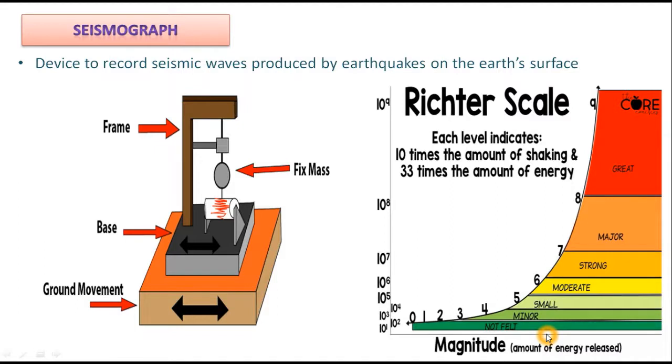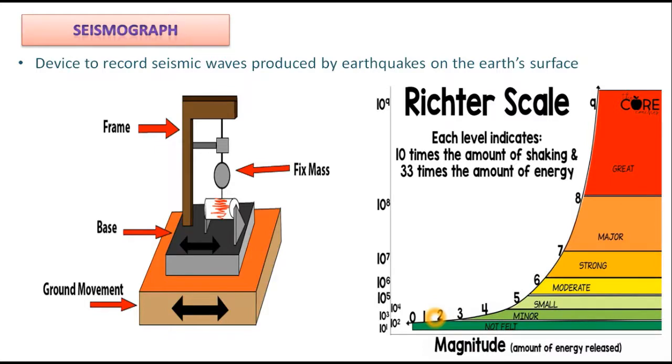Now in Richter scale, if you see, it clearly tells you what magnitude of earthquake is actually dangerous. Do you see, as long as the value is 3 or less than 3, it's very minor, which is not felt.